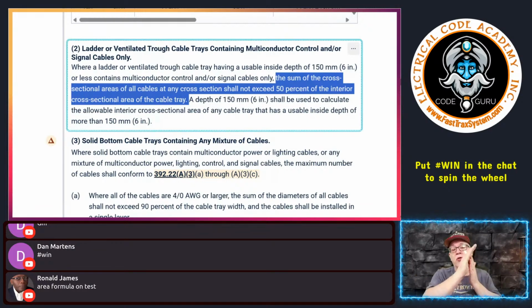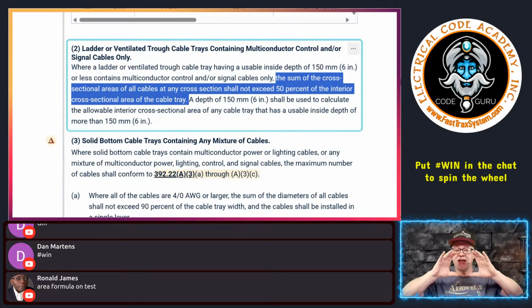So whatever the total area is for that slice of bread, as long as these signal and control cables don't exceed 50% of that overall cross-sectional area. That's a lot. Now, if you start banging them in there, then you may have a problem, but usually that's not going to be an issue.